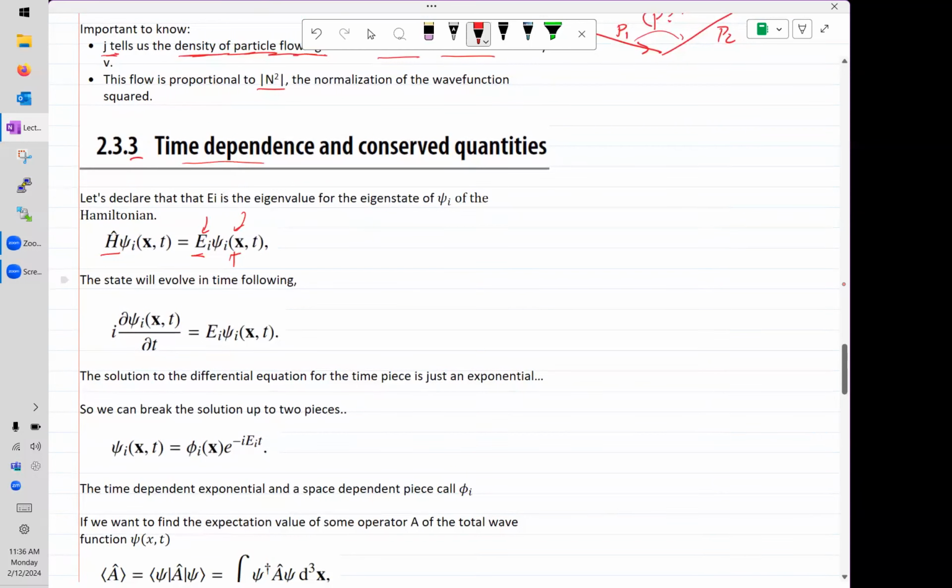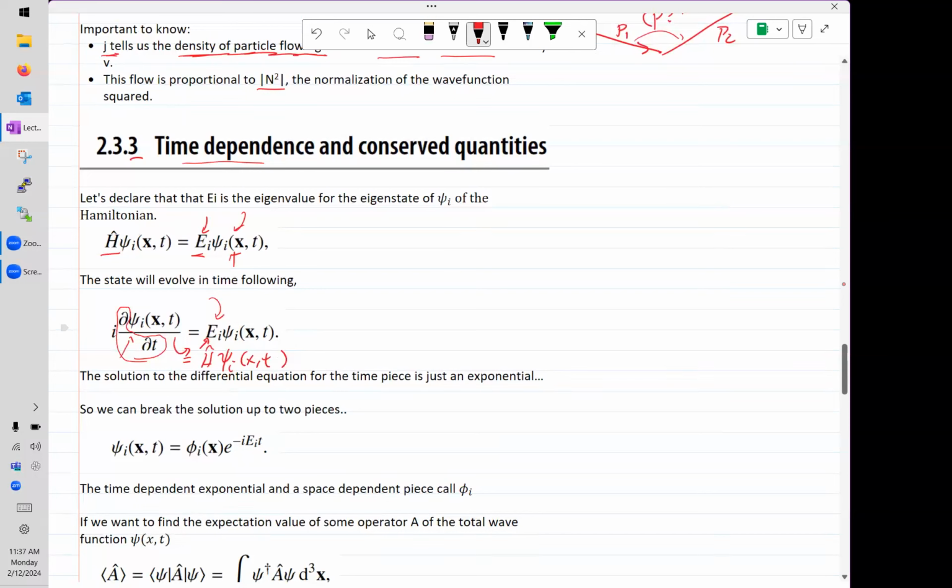According to the Schrodinger equation, this wave function is going to evolve, it's going to change as a function of time. Since the state is initially in this eigenstate, the Hamiltonian operator will give you E_I as the eigenvalue.